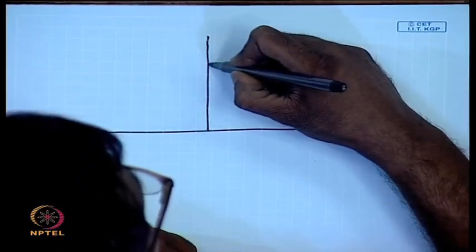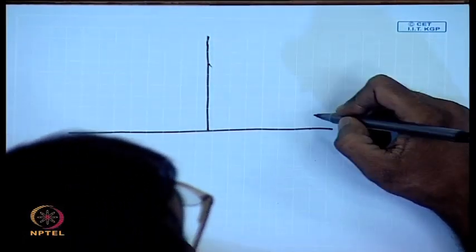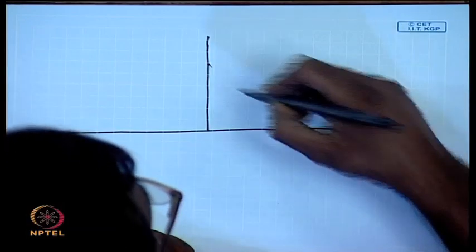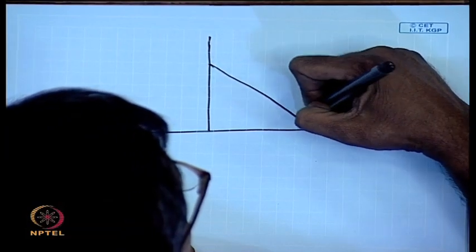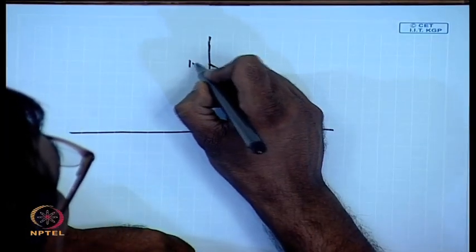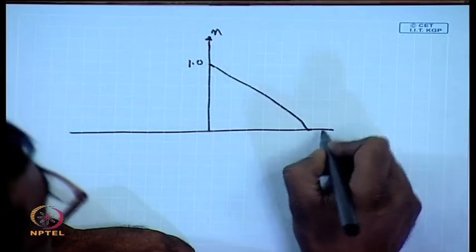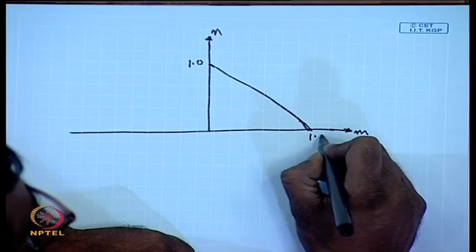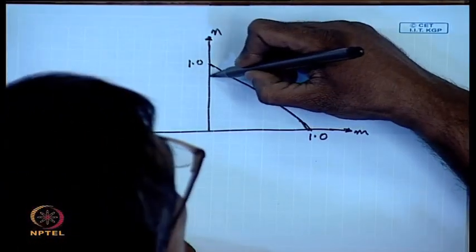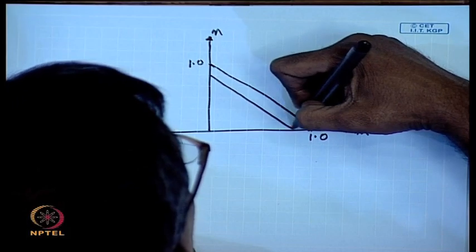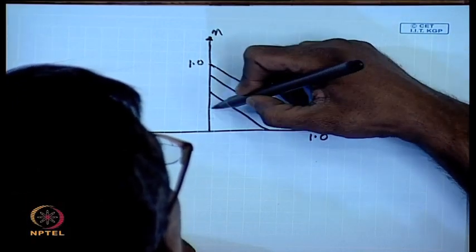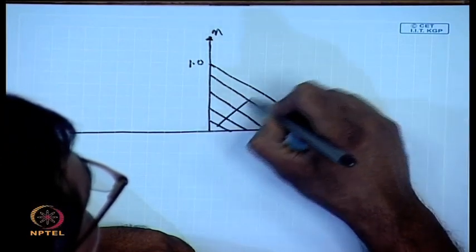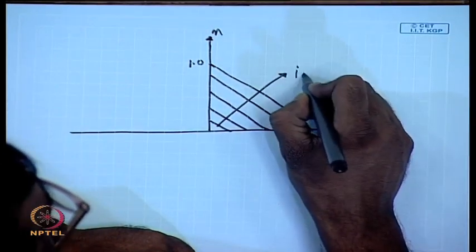The normalized torque speed characteristics is this: this is n, this is m, these are straight lines with 45-degree slope. This is increasing delta.